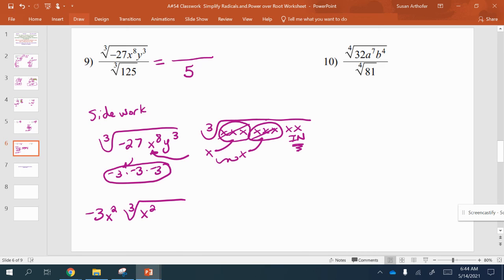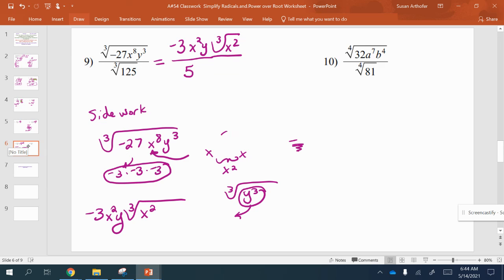And when you have 2 together, then it's x squared, right? And then the y to the 3rd, there's just enough to come out, so there would be a y out. So this will go onto the top of our fraction. And we'll move on to the next one.